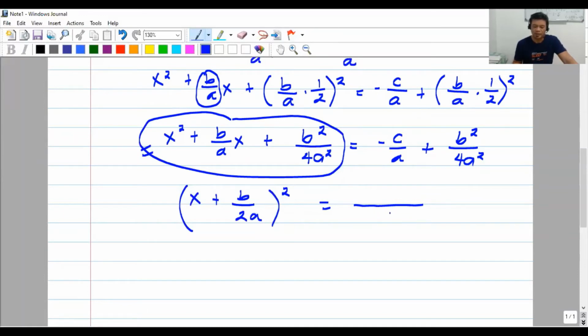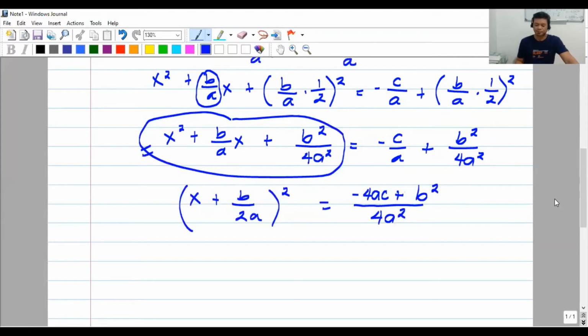And we divide the LCD by each of the denominators of these two fractions. So we have 4a squared divided by a is 4a times negative c is negative 4ac plus 4a squared divided by 4a squared here is 1 times b squared is b squared.